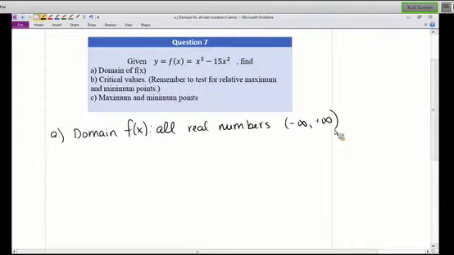So part A, the domain will be all real numbers because our function is a polynomial. The domains of polynomials will always be from negative infinity to positive infinity.